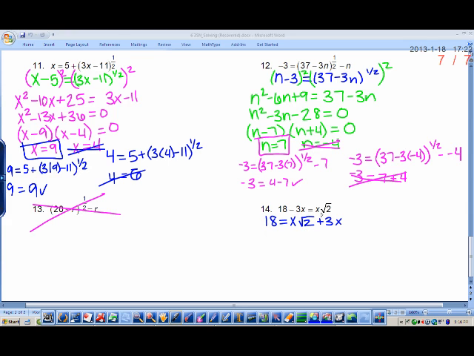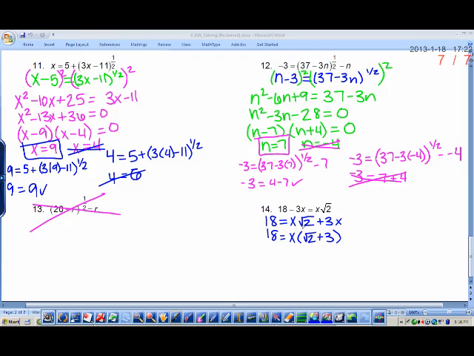Now, in order to solve for my variable, I've got to get it isolated. And right now it's in 2 places. But that just means it's a common factor of these 2 places. So what I have to do at this point is pull out my GCF of x. And what that gives me is x times (root 2 plus 3).